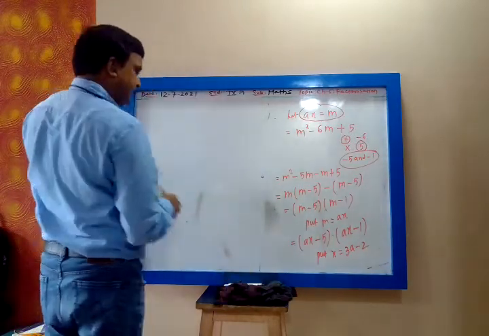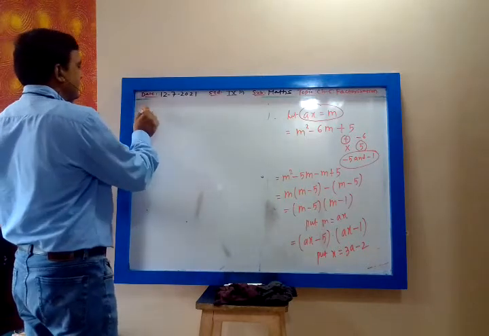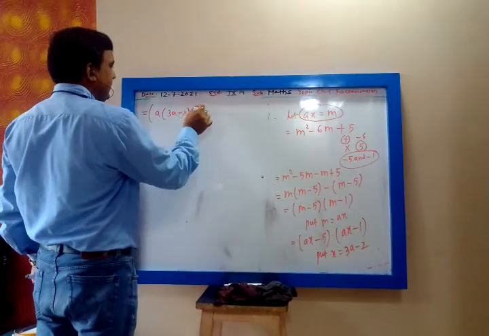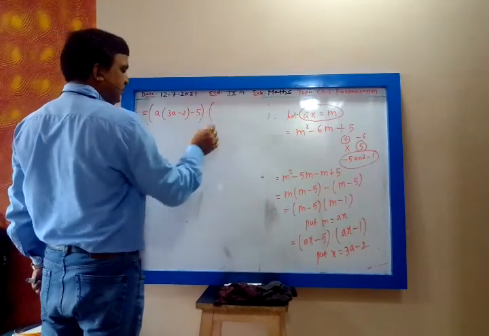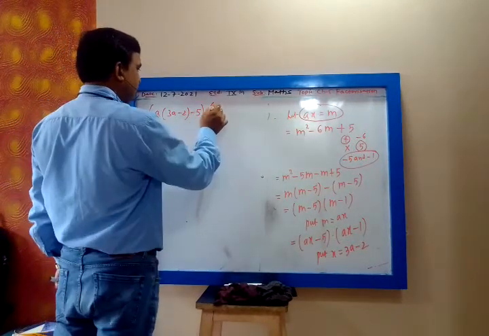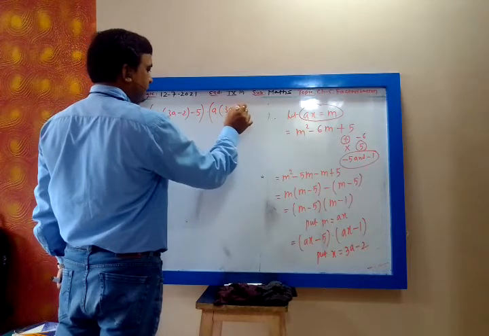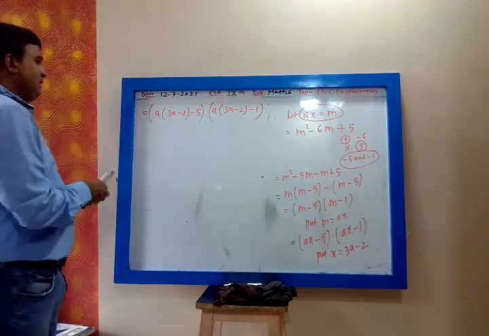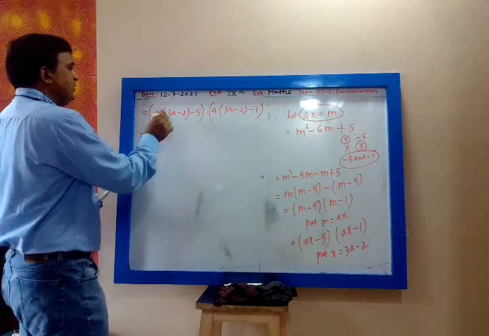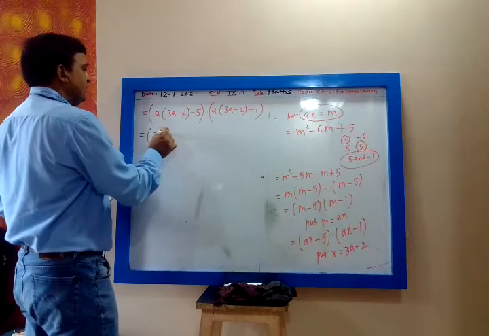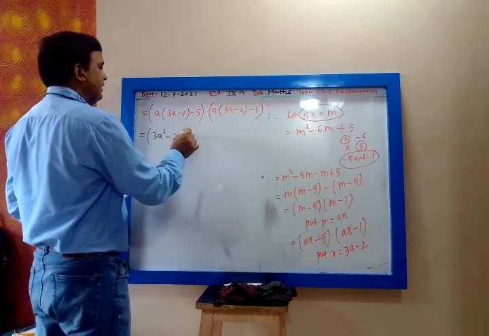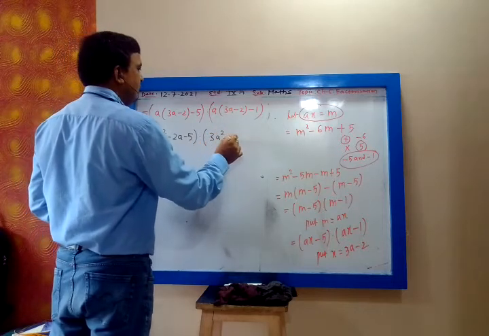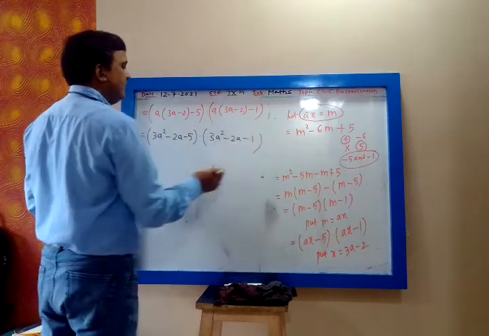So this will become a into 3a minus 2 minus 5, into a into 3a minus 2 minus 1. Let us simplify. A into 3a square minus 2a minus 5 is one quadratic, and 3a square minus 2a minus 1 is another quadratic.